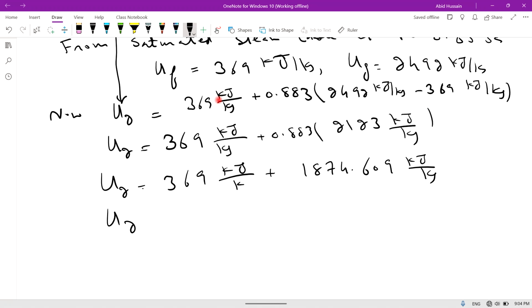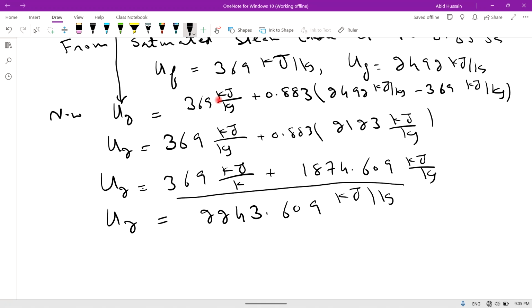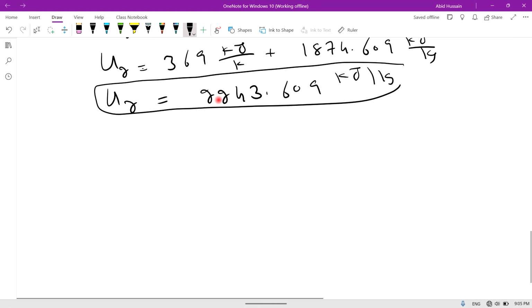Now U2 is equal to 369 plus 1874.609. The answer will be 2243.609 kilojoule per kilogram.